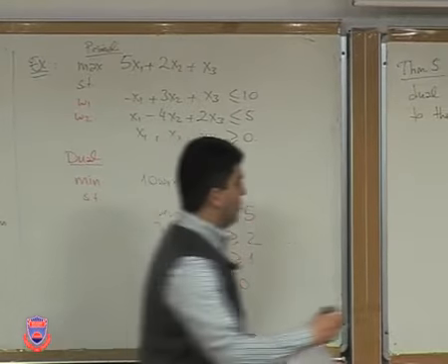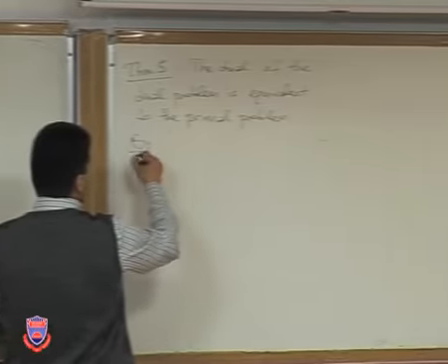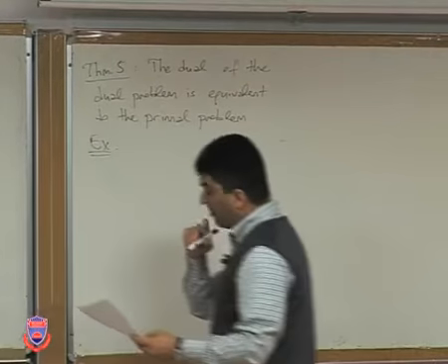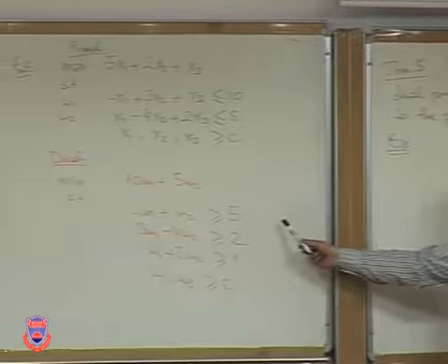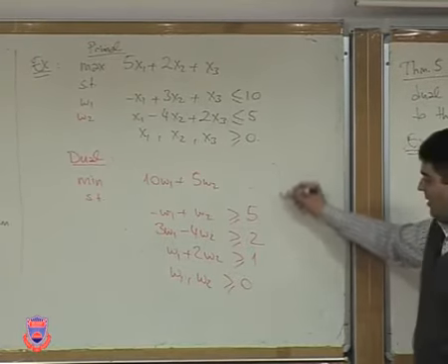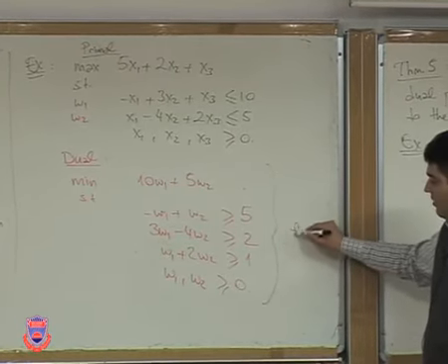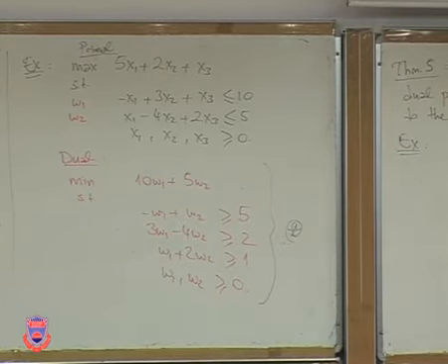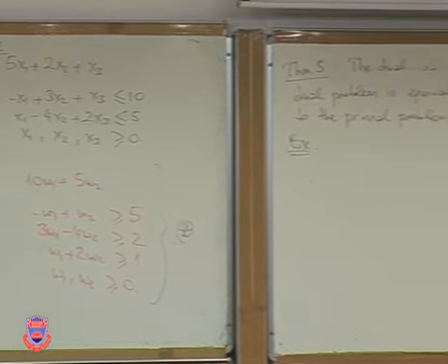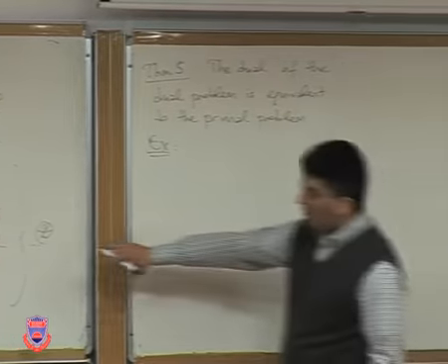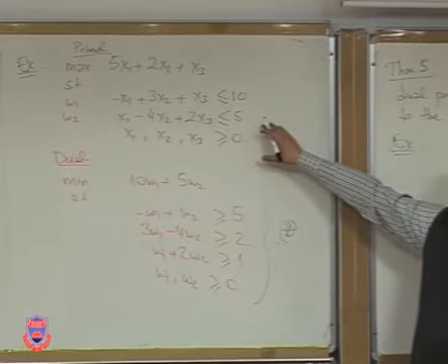And I'm going to show it by an example. So I'm going to start with this problem right here. Okay, so think of this as my starting problem. And what I want to do is, first of all, turn this problem into a form that will look like this problem right here.